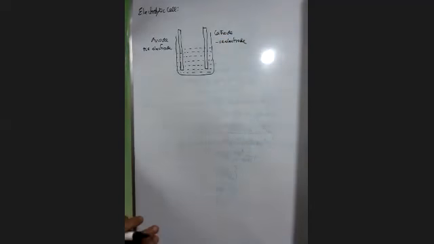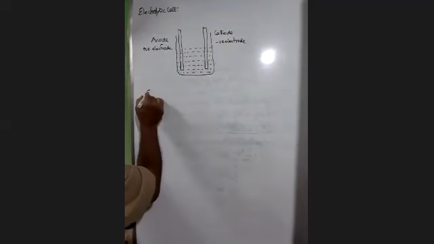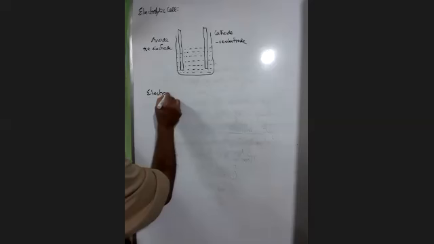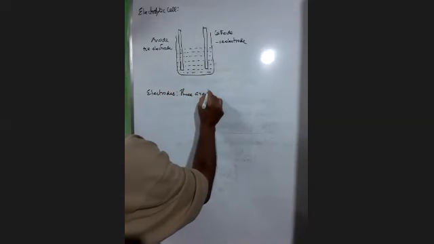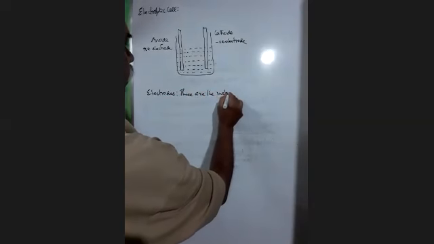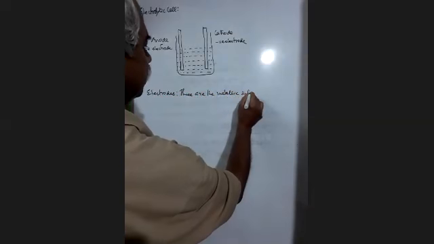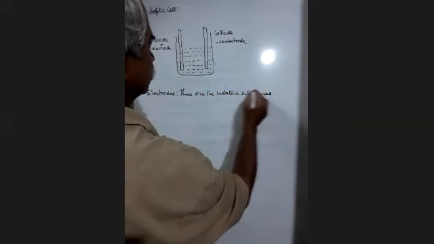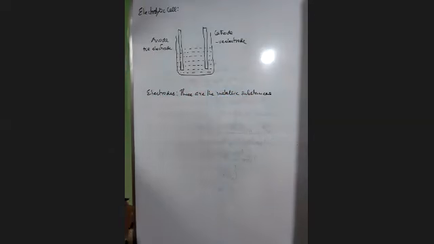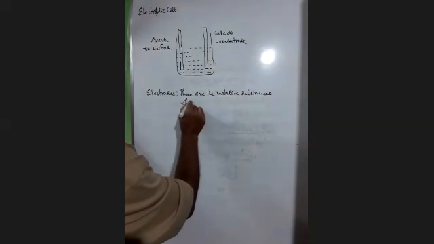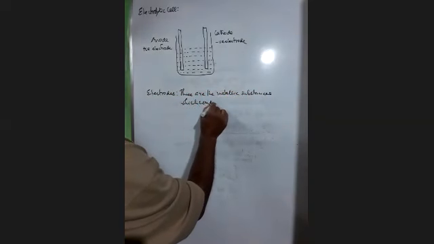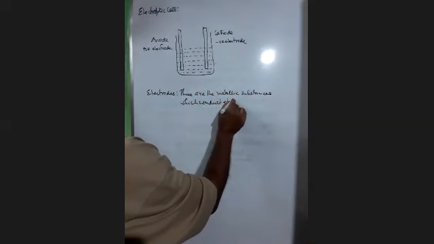Okay. Now, what are electrodes? These are the metallic substances which conduct electricity.